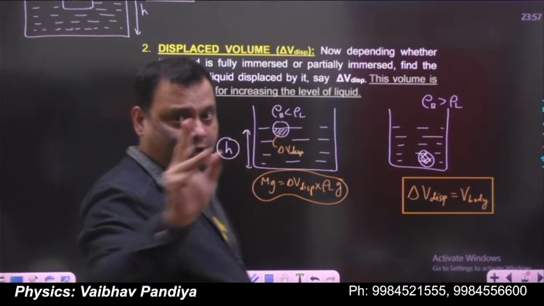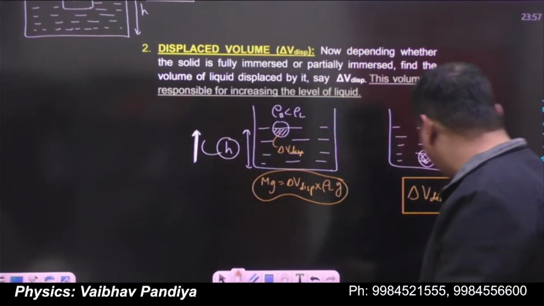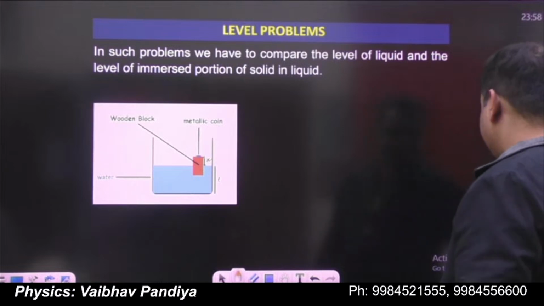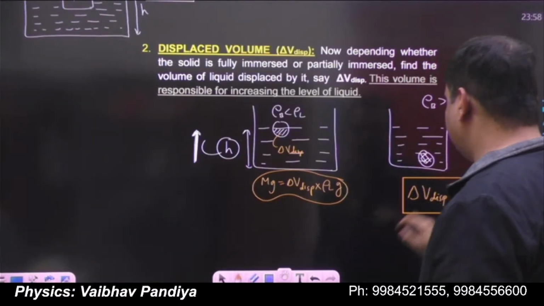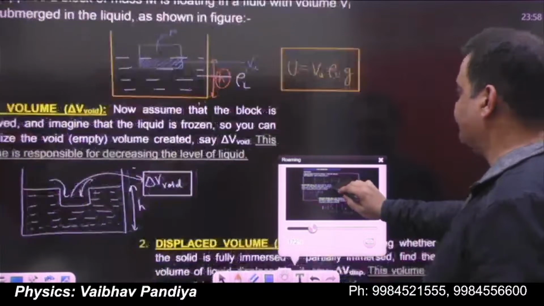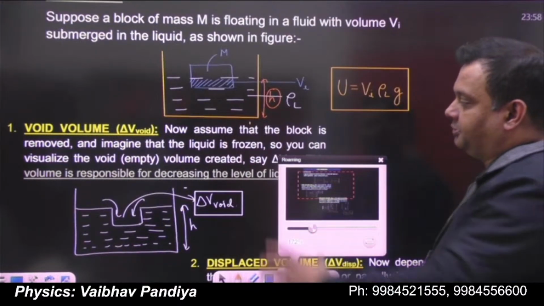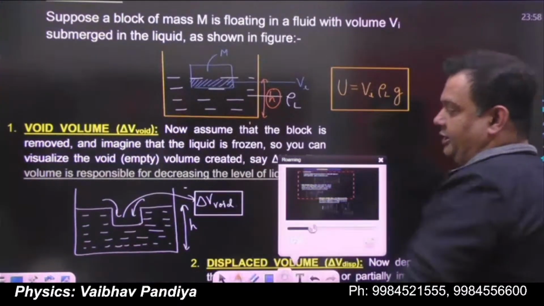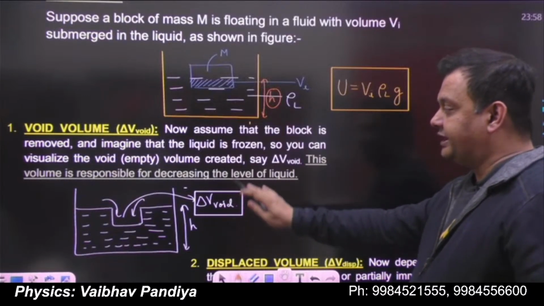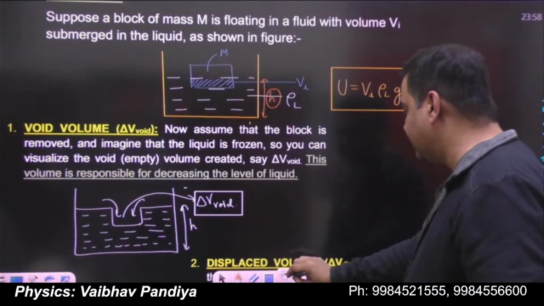So we got two volumes. Whenever we will be doing the problem, we got two volumes. One volume is the volume which is getting free after the removal or lifting up of the solid from the liquid, that we call delta V void, and this is responsible for decreasing the height of the liquid in the container.